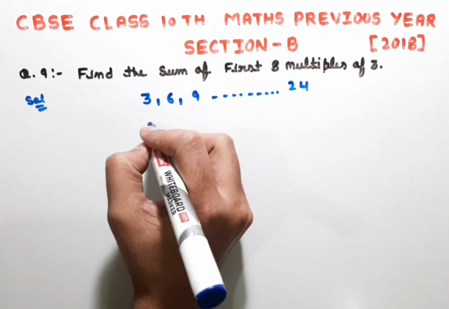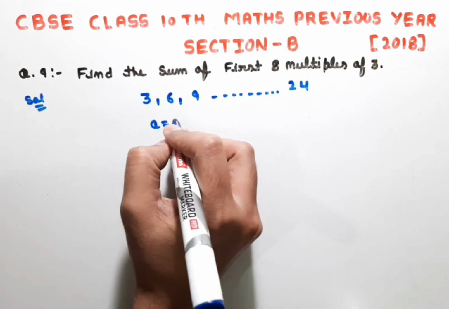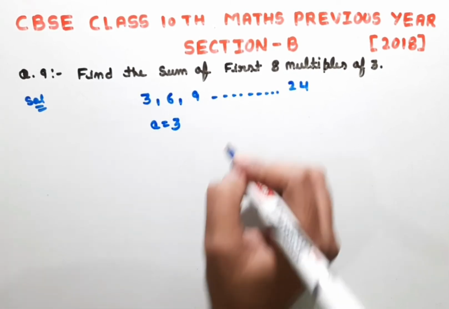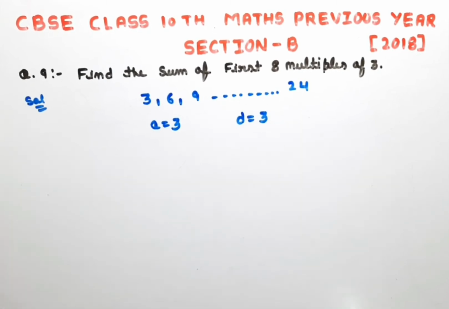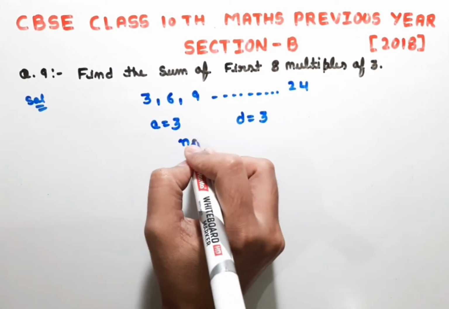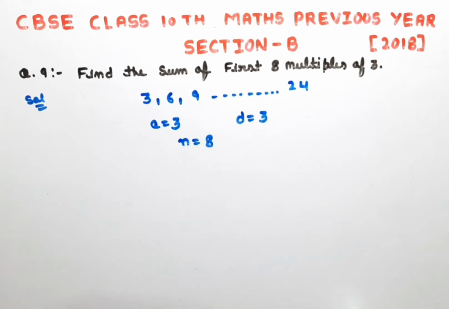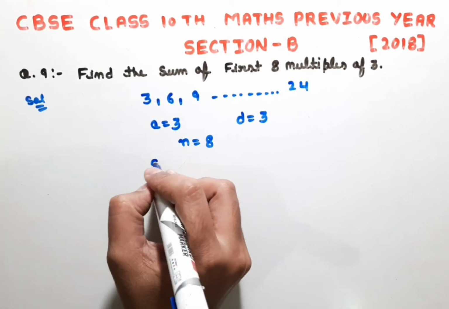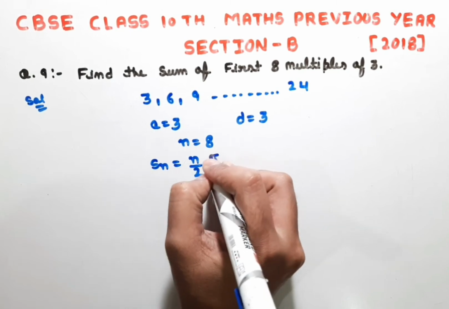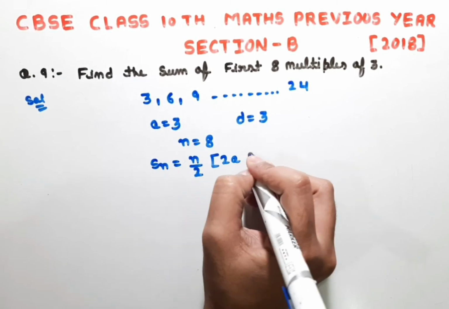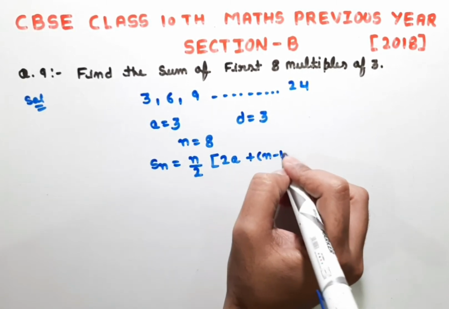So here the first term of AP is 3, common difference d is 3 and total number of terms is 8. So sum of n terms of AP, Sn, is given by n upon 2 into 2a plus n minus 1 into d.